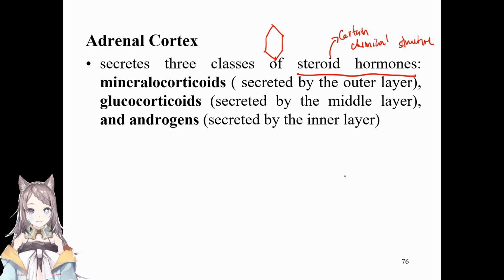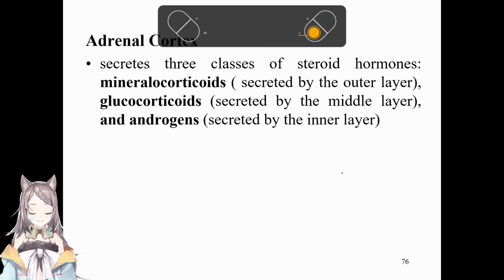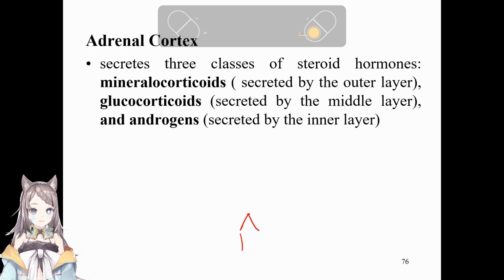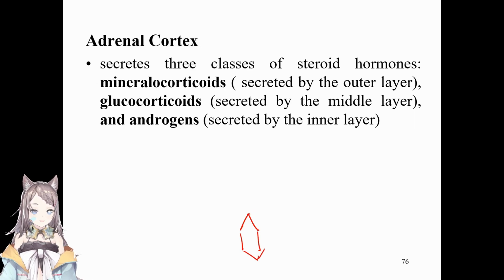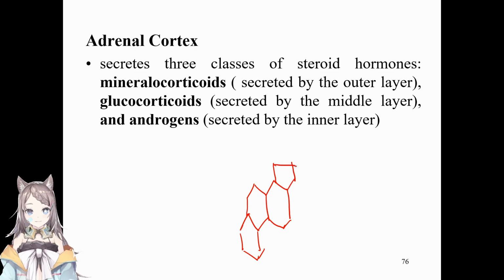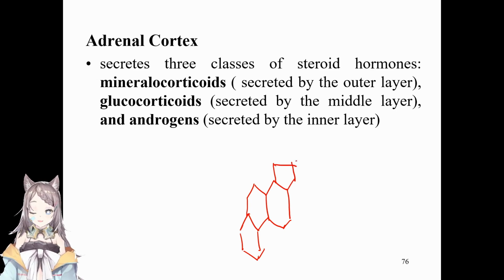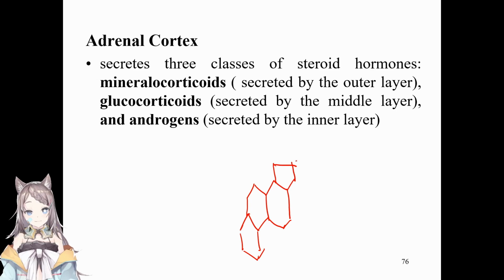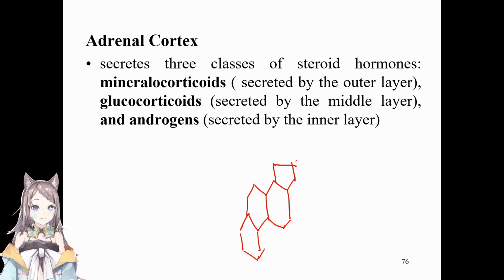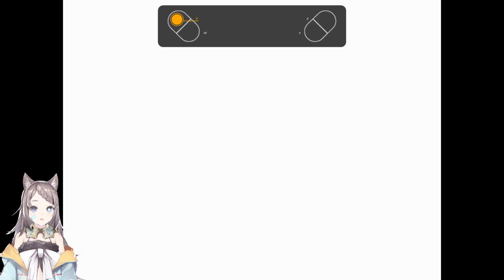You have a 24 carbon molecule. This is your steroid backbone, made out of 24 carbons, and depending what is attached, that is your specific steroid.